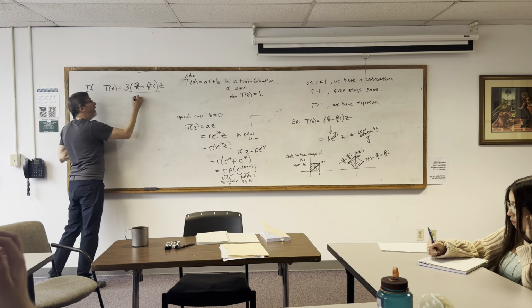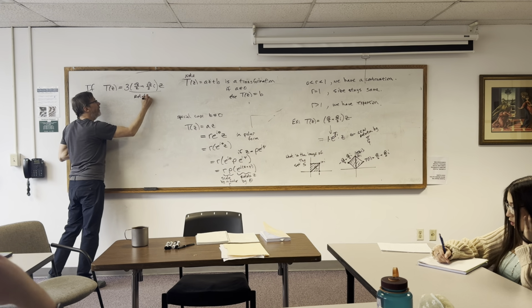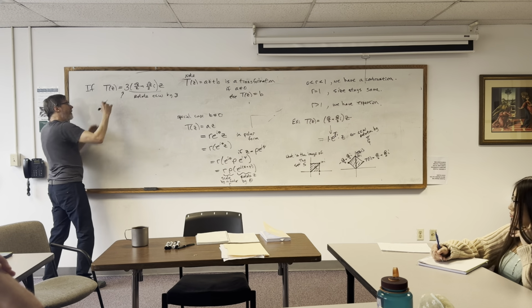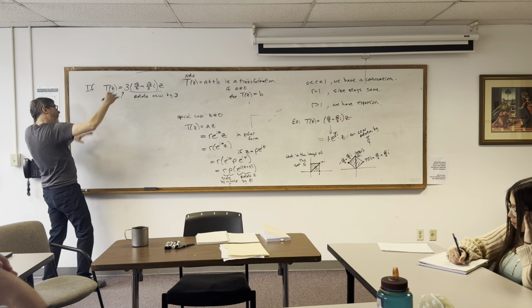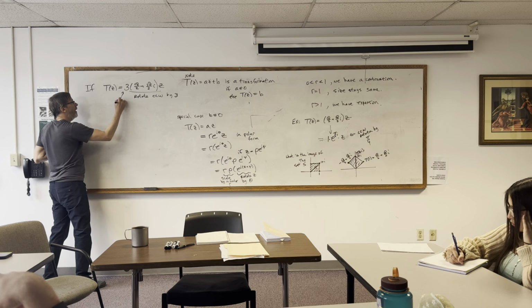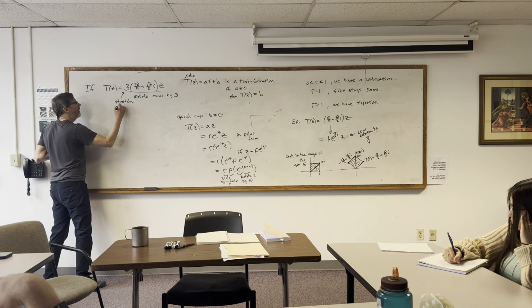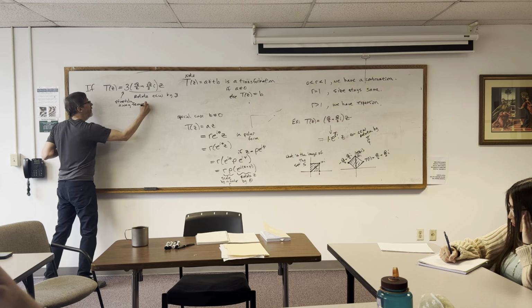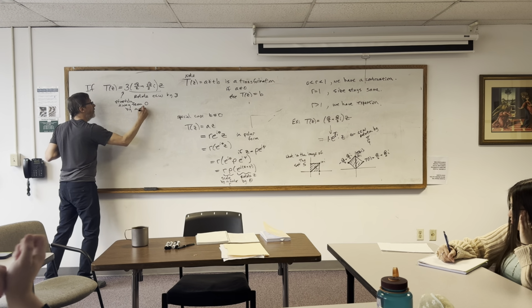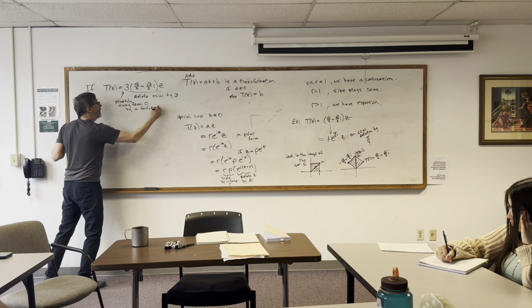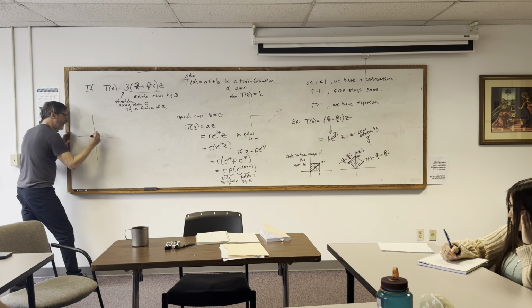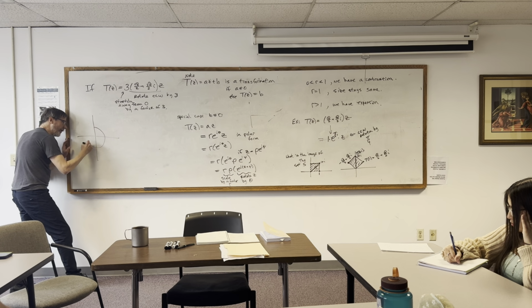So this here is rotate counterclockwise, and then stretch everything away from the origin by a factor of 3. So let's play this game again, but this time I'm going to start with just the unit disk.